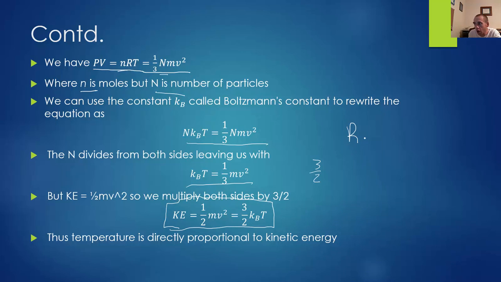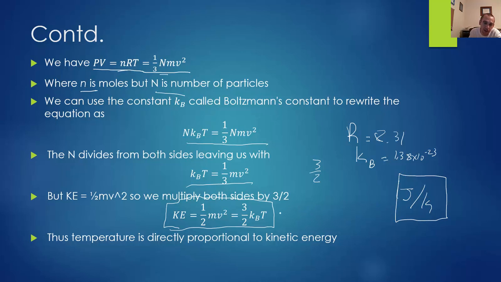Now remember, R is equal to 8.31, but Boltzmann's constant is equal to 1.38 times 10 to the negative 23rd, and this would, of course, be joules per Kelvin.